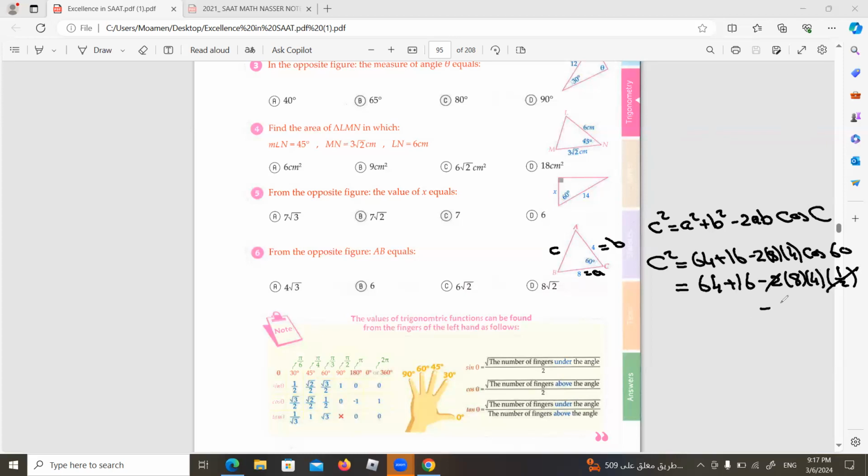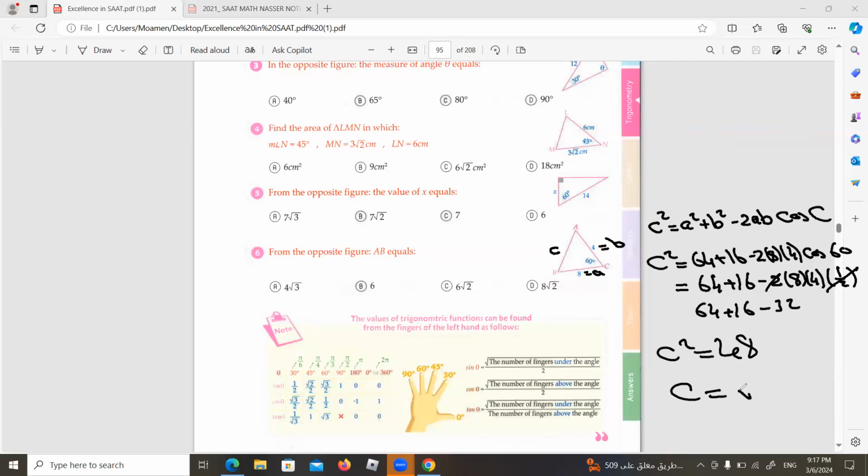So 8 times 4 is 32. So I have 64 plus 16 minus 32. 64 plus 16 equals 80. 80 minus 32 is 48. So C squared equals 48.